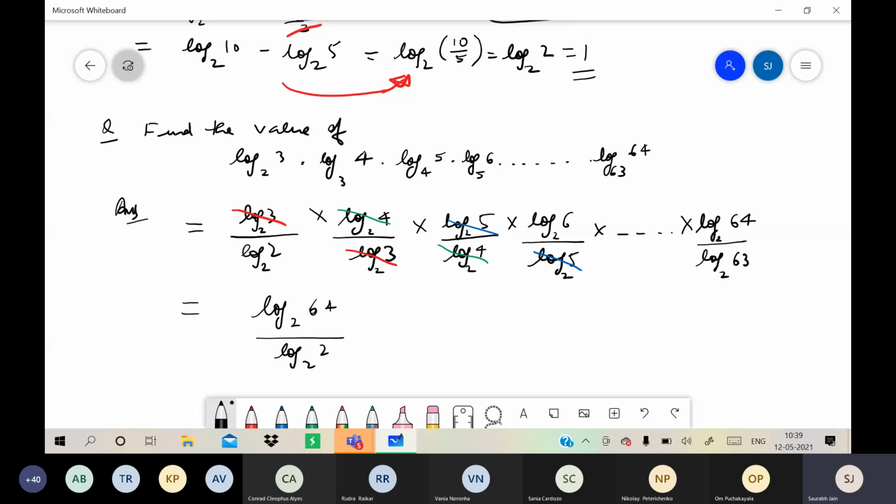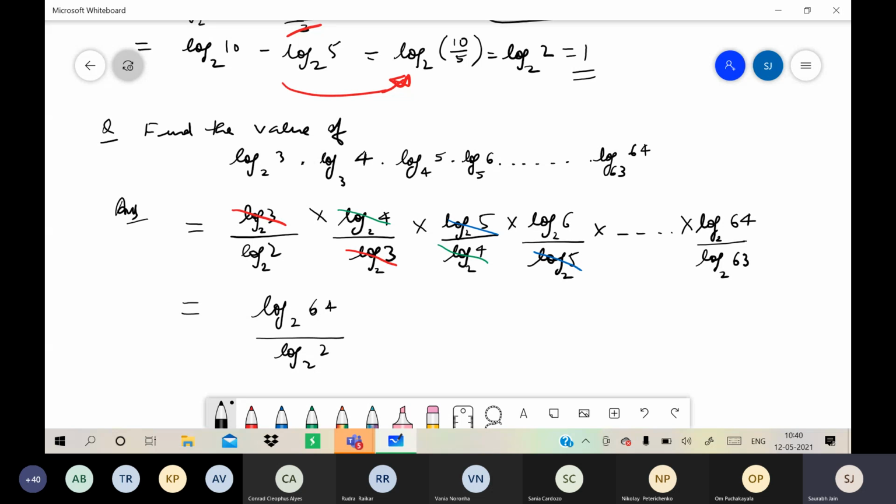Denominator of first term will remain because it is not getting cancelled. Log 2 base 2, and you try to understand this pattern, the way terms are getting cancelled. So what will remain? The last term, numerator of the last term, that will remain, that will not be getting cancelled. Rest all the terms will be cancelled, because after this multiplication I have written so on to.